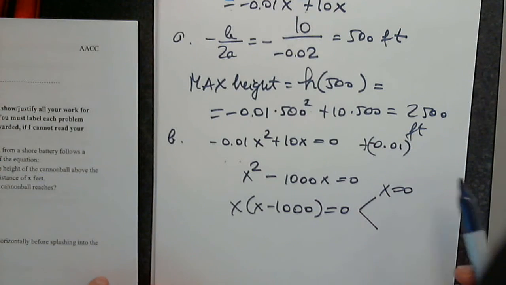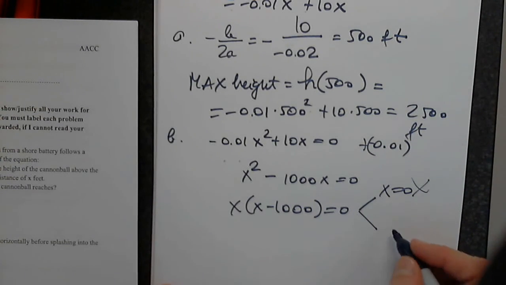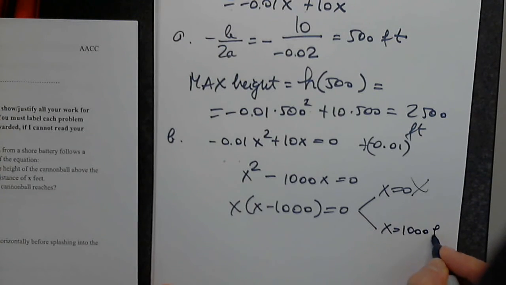x equals 0. Of course, this is not the case because I'm not talking about the launch where I'm standing and throwing it up in the air. I'm talking about where it lands. So I have to find two x intercepts, correct? And the other one is x equals 1,000.